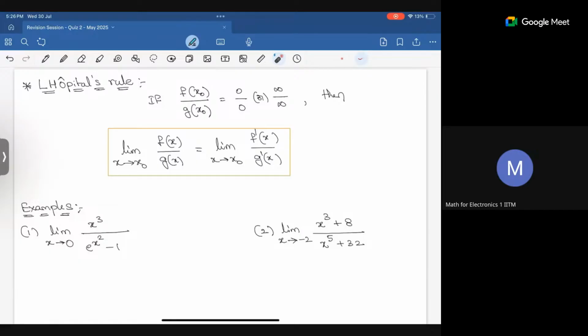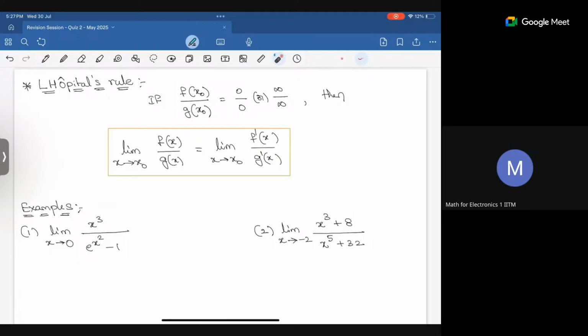Okay. So what L'Hopital's rule states is, if you are trying to compute the limit of a rational function, f of x by g of x, at a particular point, when we try to substitute that point, we might end up getting expressions like 0 by 0, infinity by infinity, minus infinity by infinity, or infinity by minus infinity. Right?